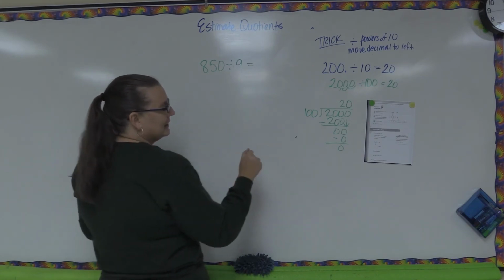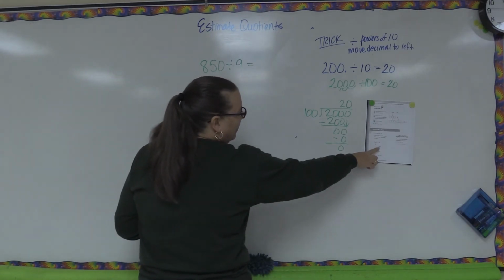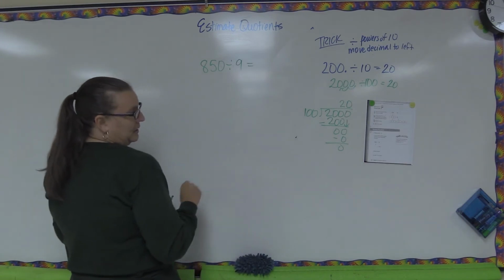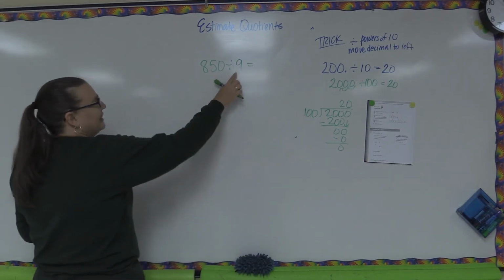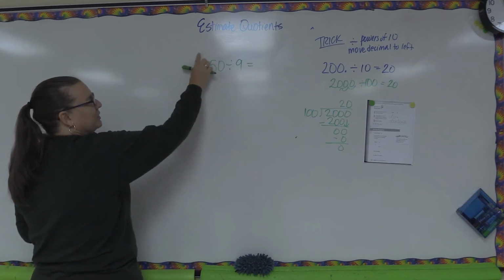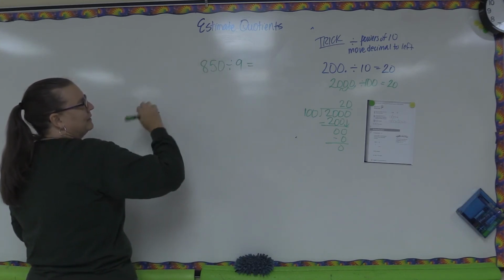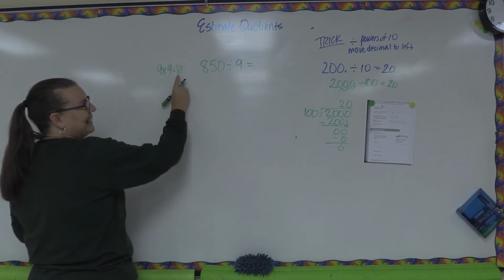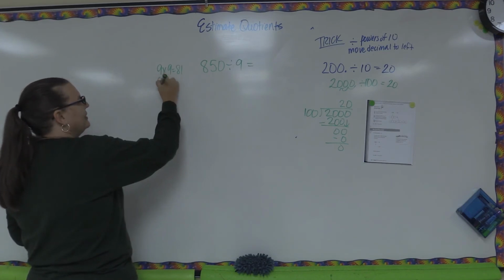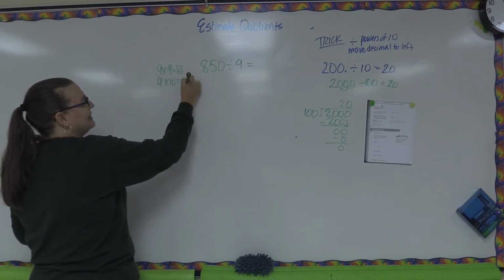So they're asking us to go ahead and keep the 9, according to this paper. If I'm thinking multiples of 9, I'm thinking, okay, 9 times what is going to be close to this number? Well, 9 times 9 is 81. I'm thinking that's kind of close. 9 times 10 is 90.